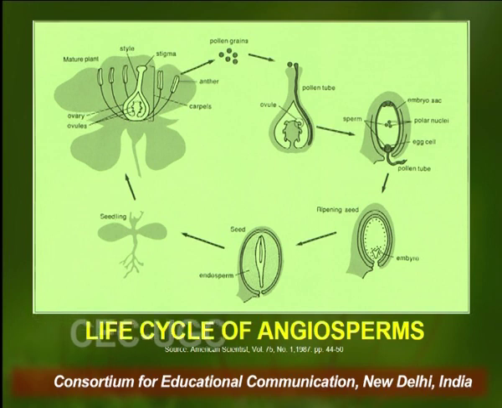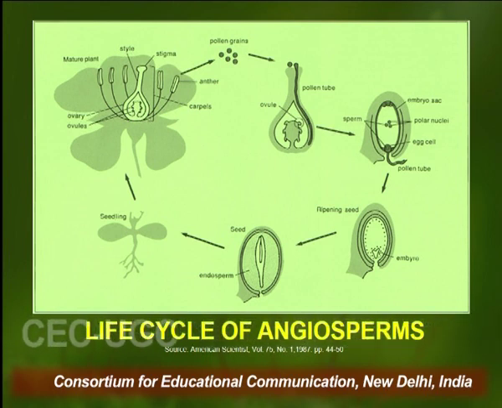Now, this picture gives you an idea about the life cycle of angiosperms. You see that in a flower, this is a hermaphrodite or a bisexual flower where both types of sex organs are present. From the anthers, pollen grains are liberated at the time of anther dehiscence. They land on the stigma, germinate on the stigma, and put forth the pollen tubes.